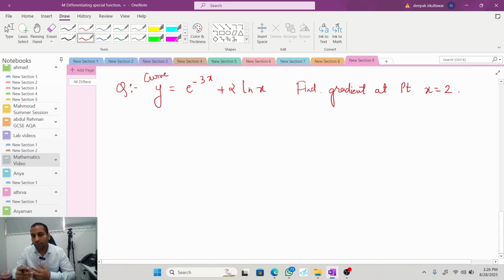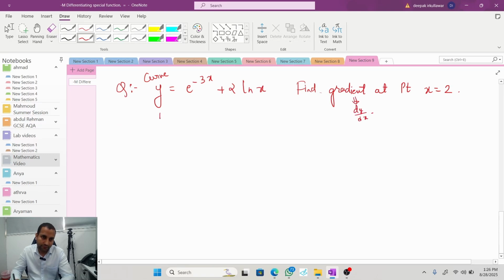Here they have nowhere mentioned that you have to do differentiation, but we know that differentiation is nothing but your gradient. So in order to find the gradient, you need to do differentiation.